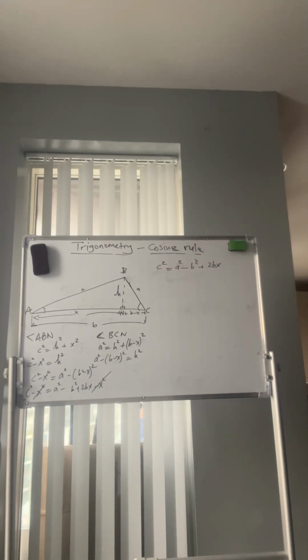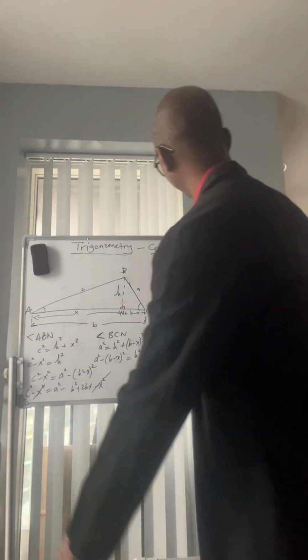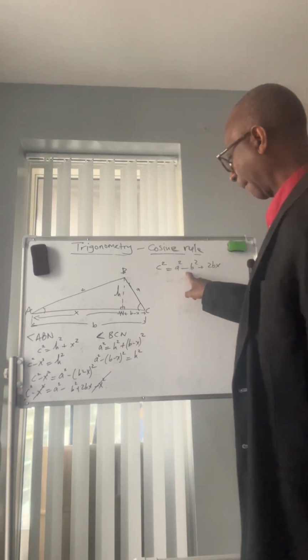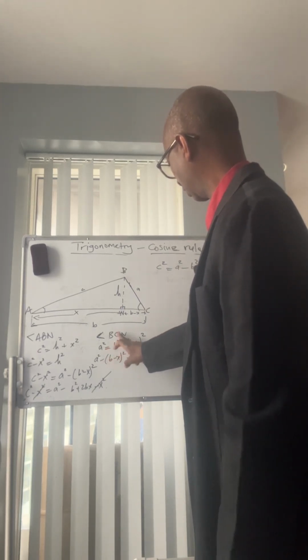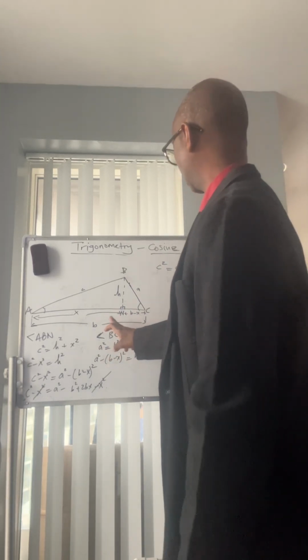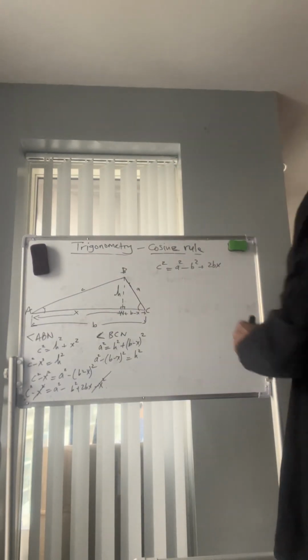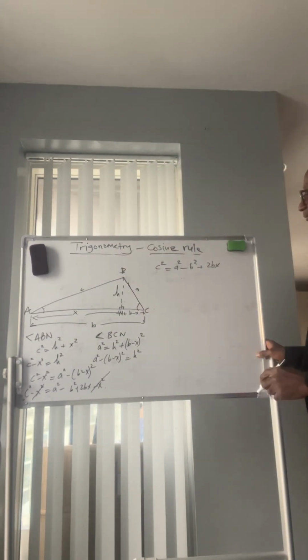Now I want to find, why am I having b squared minus b? But this sign minus. Why is it minus? Where have I gone? b minus x. Let's see how far it goes. So what is x here?